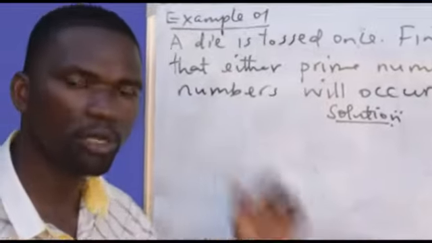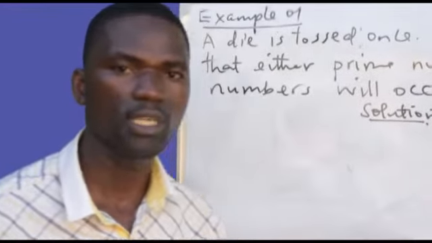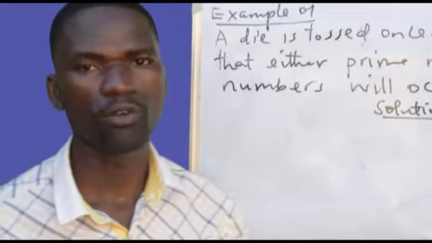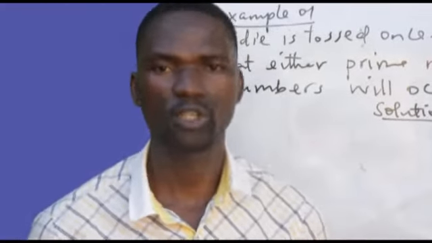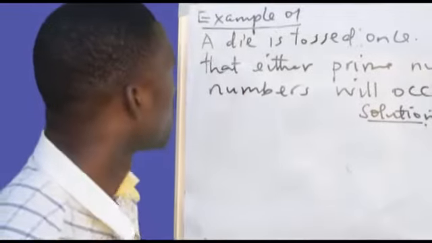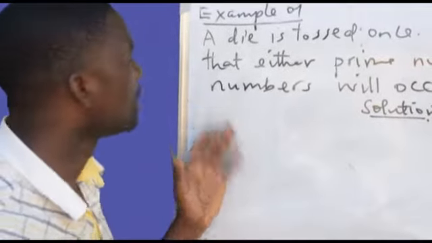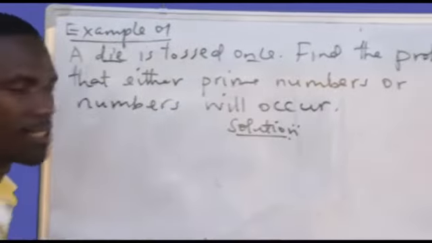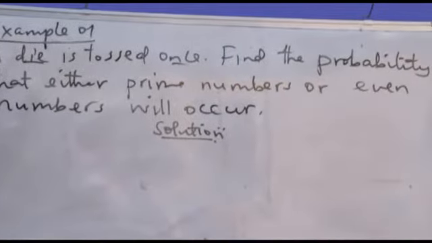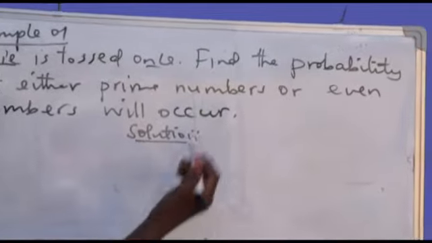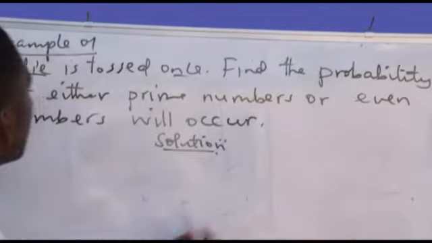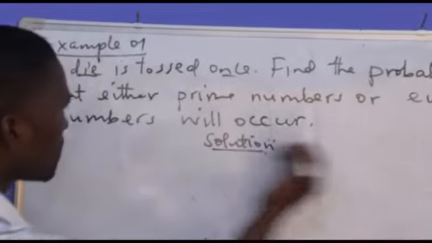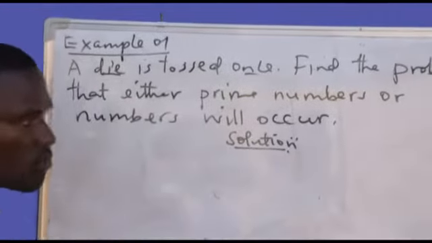With this example number 1, we are going to see how we can utilize the formula for probability of events which are mutually inclusive. This example number 1 is about a die which is tossed once. You are asked to find the probability that either prime numbers or even numbers will occur.